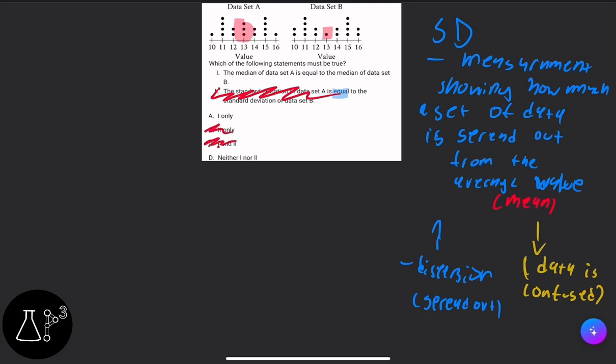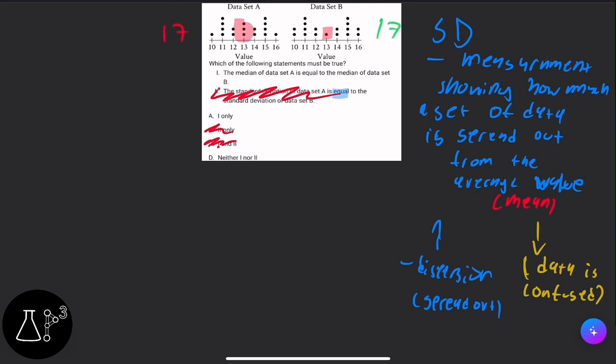Let's see if 1 is true. The median of dataset A is equal to the median of dataset B. The median is just the middle number of dataset A and dataset B. And both have 17 points. So dataset A has 17 points, dataset B has 17 points.